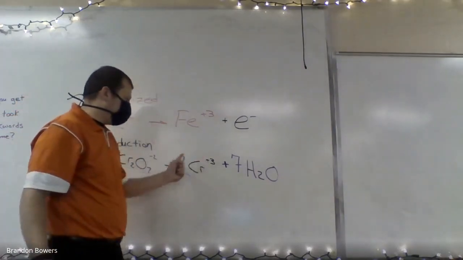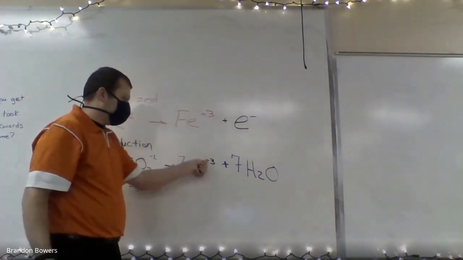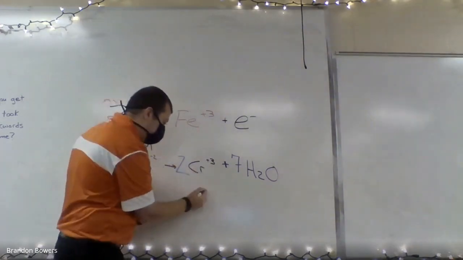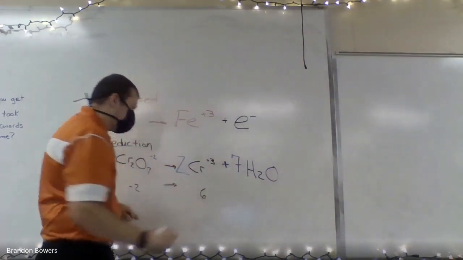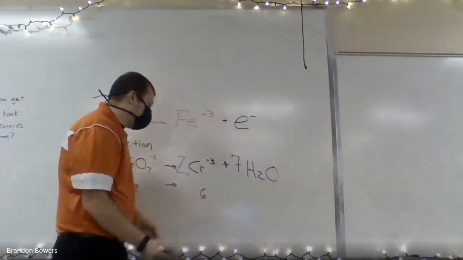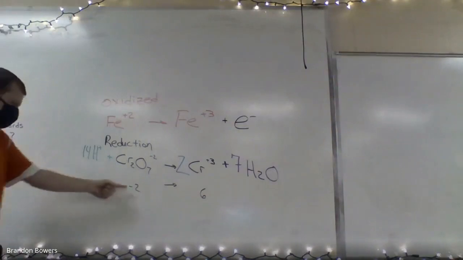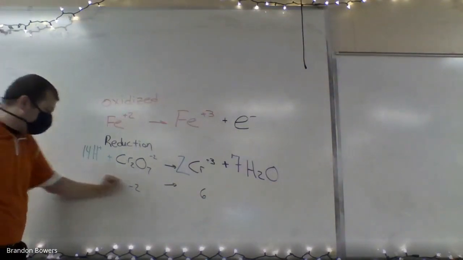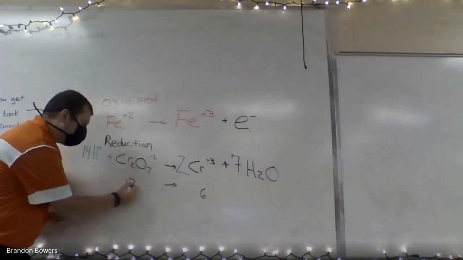How many positives do I have here? 2 positive 3's, which makes it positive 6. Is there a charge to water? No, it's just neutral. I don't care about that. So what's 14 minus 2? 12. 14 minus 2 is 12.